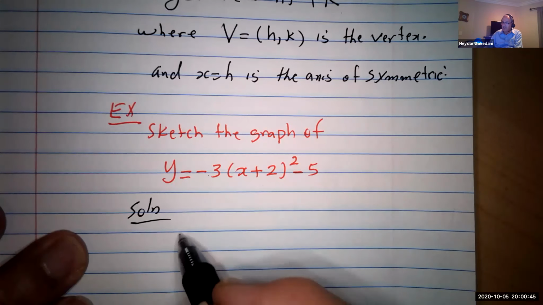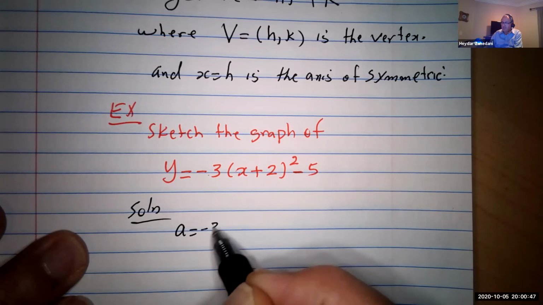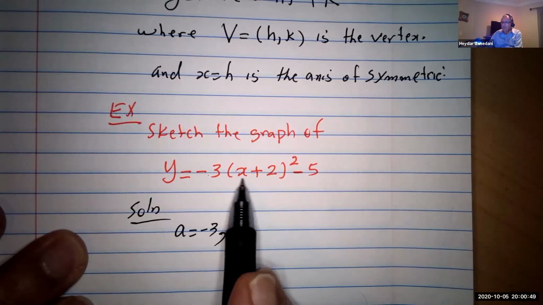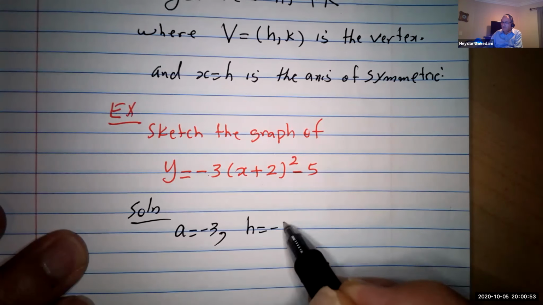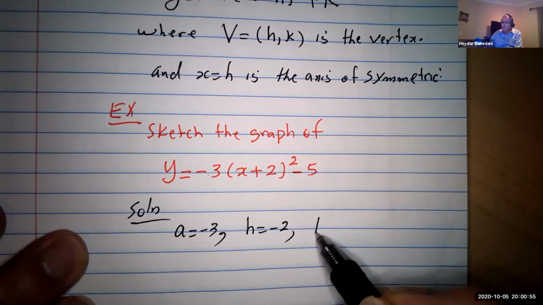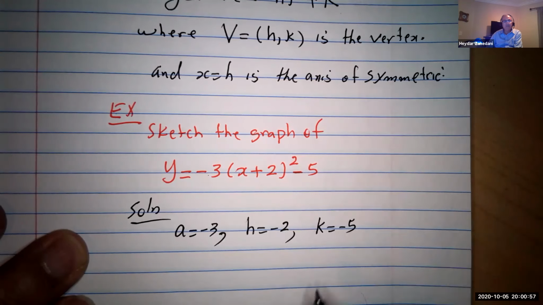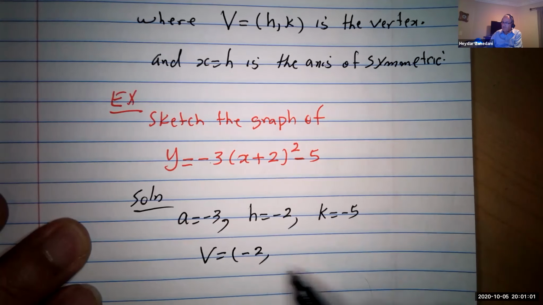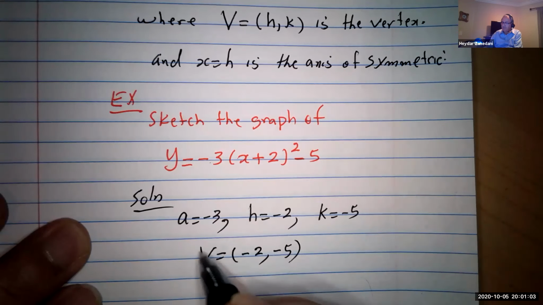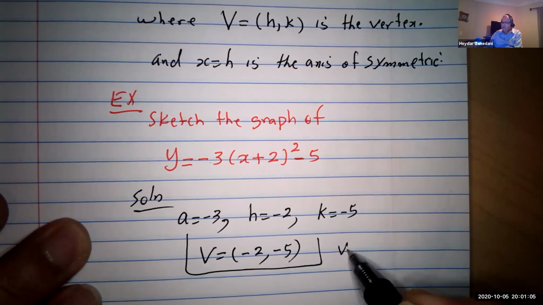a is -3. h, opposite sign, is -2. k is the same one. So the vertex is (-2, -5). That's it. Vertex.